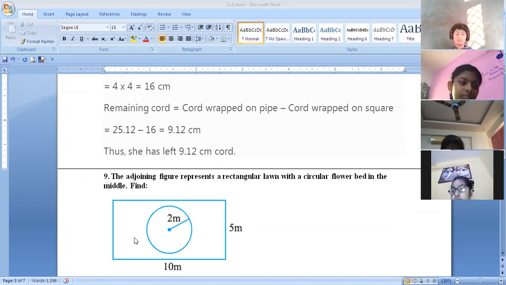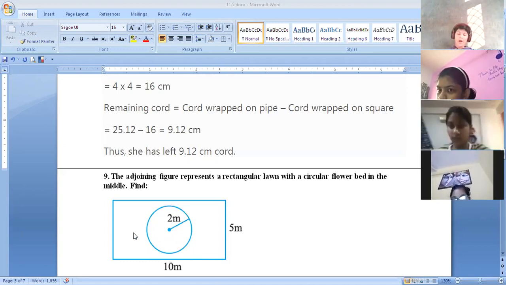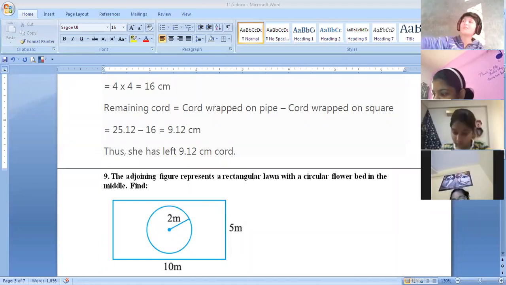So rectangular lawn length and breadth is already given in the diagram, 10 meter and 5 meter. And this is a circular flower bed which is in the middle of this rectangular lawn. Okay. And the radius of this circular flower bed is 2 meters. Got it? This diagram understood? Draw it, beta.